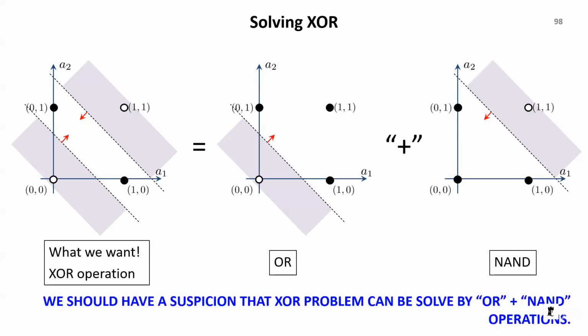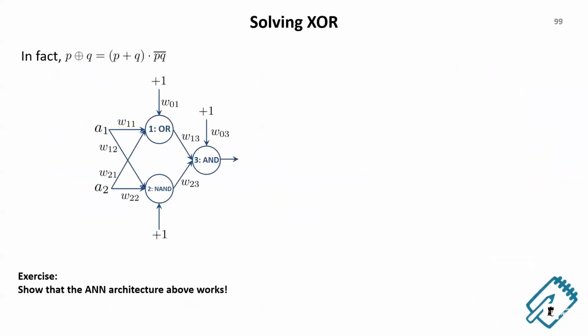That is the identity of XOR operations. So you can see that XOR is made of OR and NAND. And if we have such neural nets, we can actually do XOR.